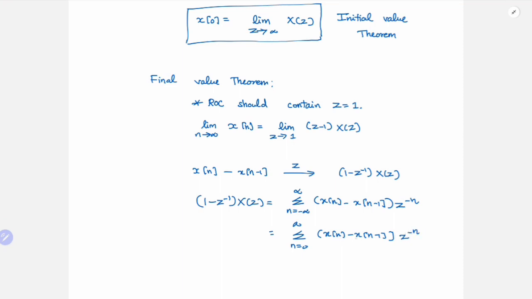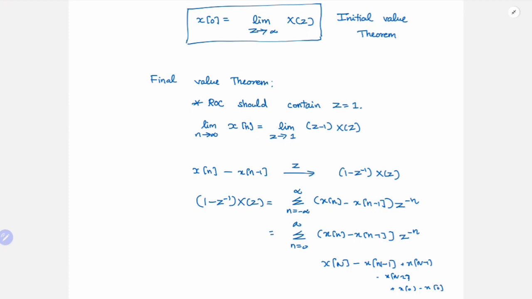Now we want to cancel all the terms except x at n equal to infinity, which is x of infinity. So I have to find limit n tends to infinity here. But if I also tend my z to 1, then for any n, I'll have x of n minus 1 plus x of n minus 1 minus x of n minus 2 and so on, plus x of 0 minus x of 0.